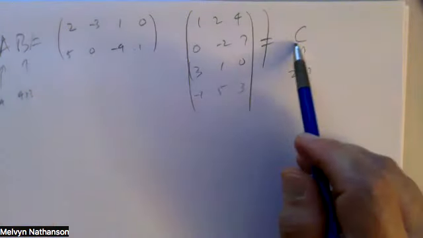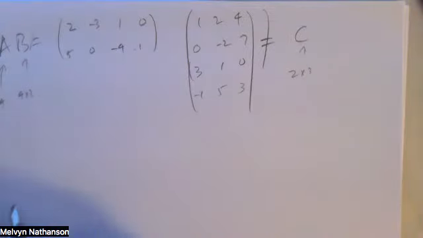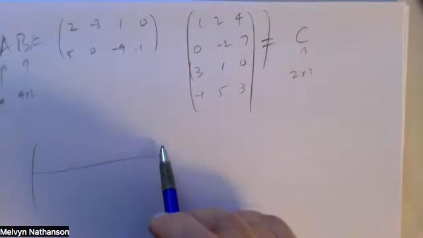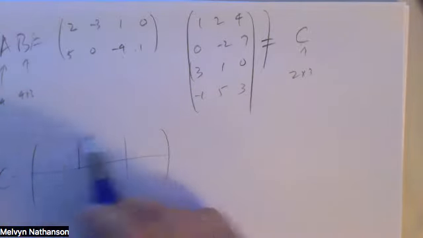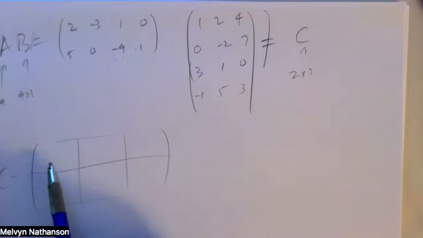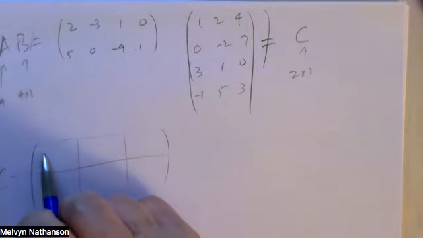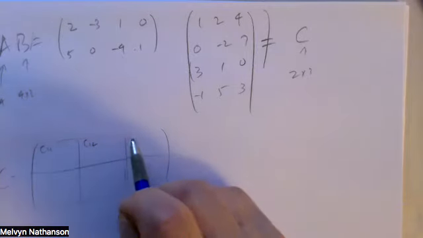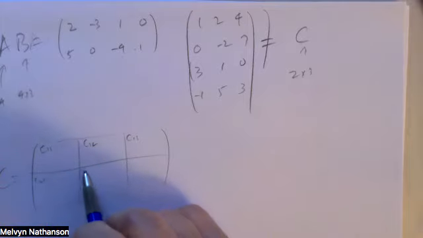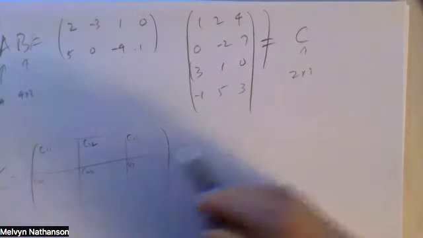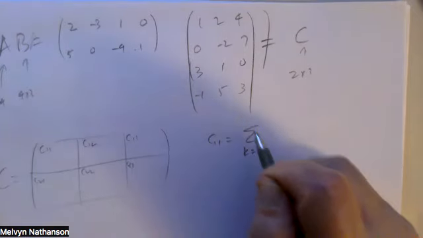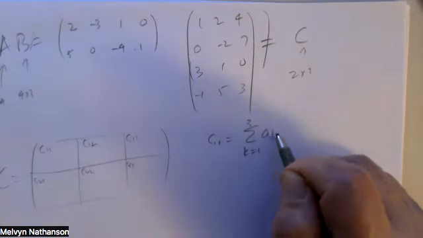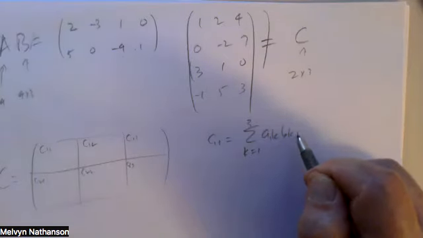And let's compute C. So C is going to have 2 rows, 3 columns. First row, first column entry. This is C11, C12, C13, C21, C22, C23. So C11 is the sum, k goes from 1 up to 4, A1k Bk1.